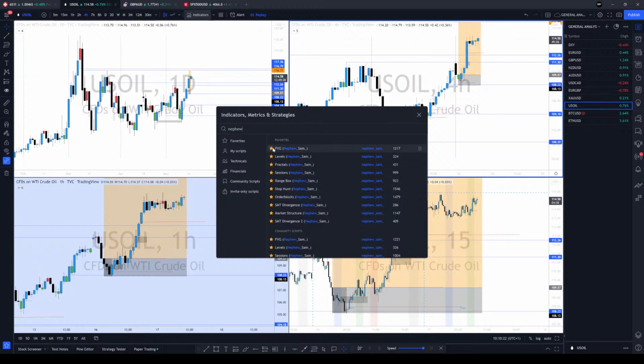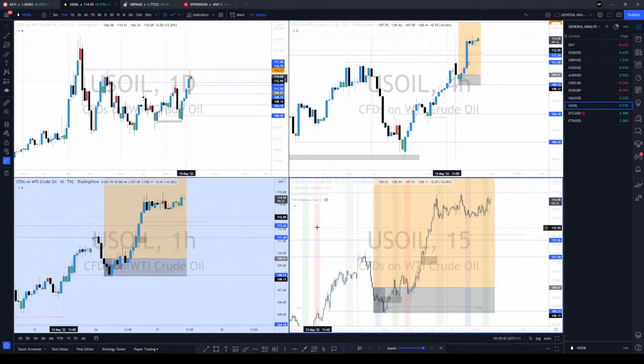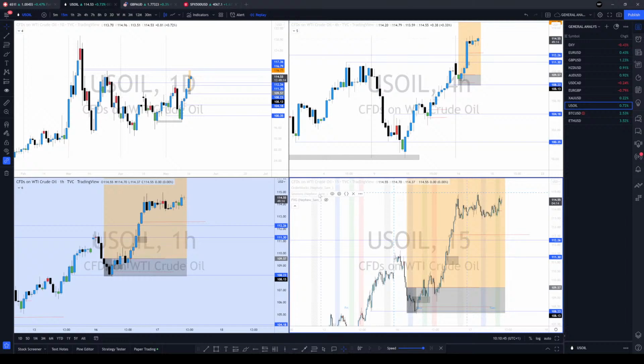You can see I've actually highlighted all of them. The ones that I use are the fair value gap, the sessions, and the auto blocks. Okay, that's what I predominantly use. Fair value gaps, sessions, and then auto blocks. So the sessions that you see in here are actually from these three. Those are the ones that I use.